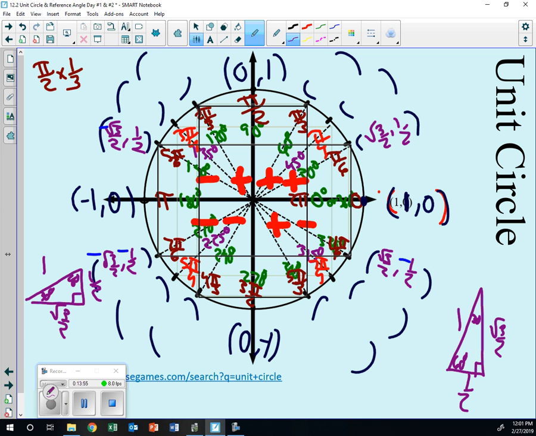So everything's going to look the same. My x is just going to switch with the y from the pi over 6. They're just going to be switched. So you don't even have to memorize this. It's just the reverse of this one. So then wherever the rectangle is, put in 1/2, square root of 3 over 2.